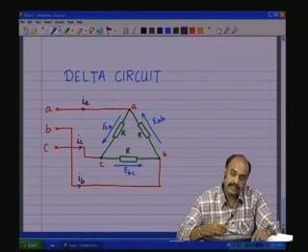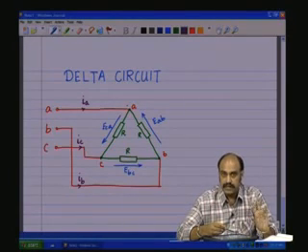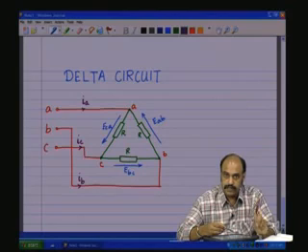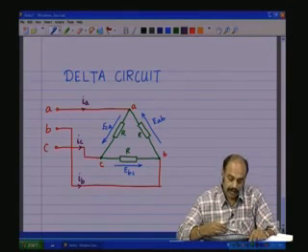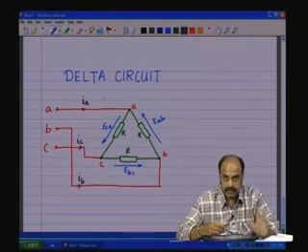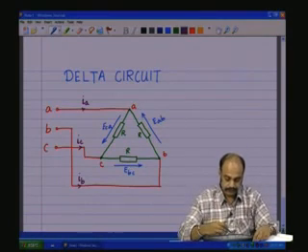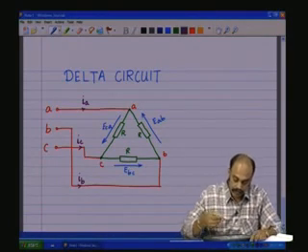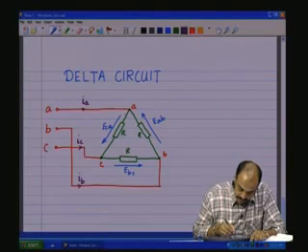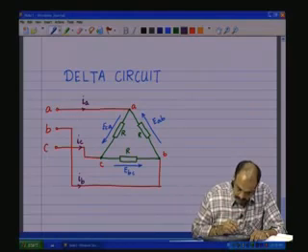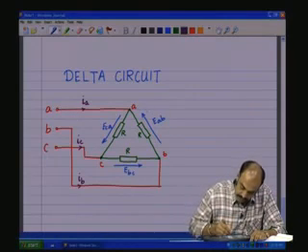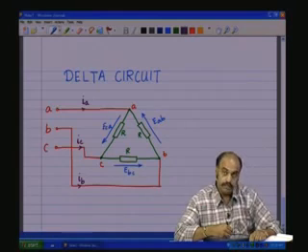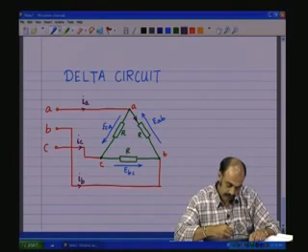So, the phase voltage and the line voltage are the same, whereas in the case of star, the phase currents and the line currents are the same, and in the case of the delta circuit, the line currents and the phase currents are not the same, as it was in the case of the star circuit. So, keep that in mind, and let us say that there is a line current A to B in this direction.